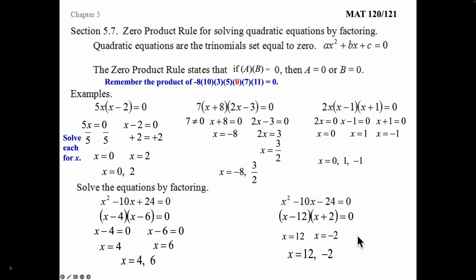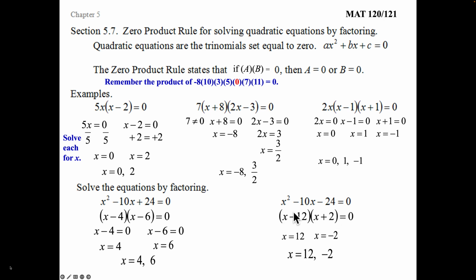Now you'll notice that I did not write x minus 12 equals 0 and x plus 2 equals 0, because hopefully you've discovered through all these examples that if you look at your binomial, when it's just an x plus or minus a number, it's the opposite sign. x minus 2, x equals positive 2. x plus 8, x equals negative 8. x minus 1, positive 1. x plus 1, negative 1. x minus 4, positive 4. x minus 6, positive 6. x minus 12, positive 12. x plus 2, negative 2.